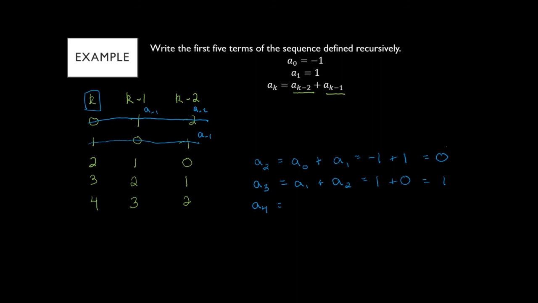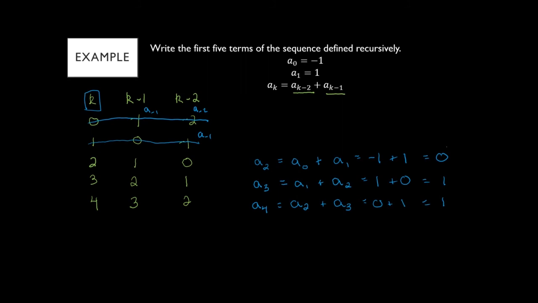Then A4 is going to be A2 plus A3. A2 is 0, A3 is 1, and we get 1.